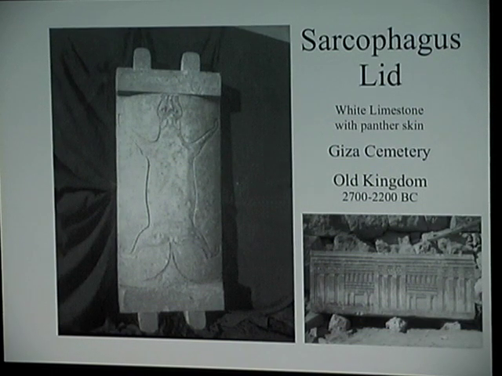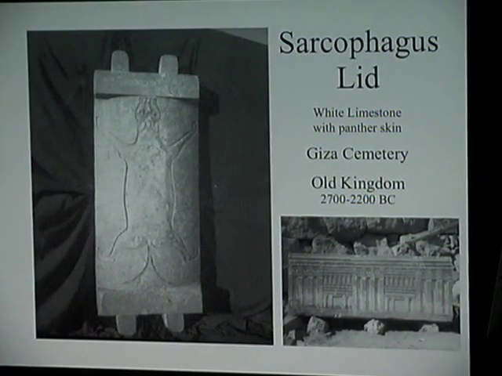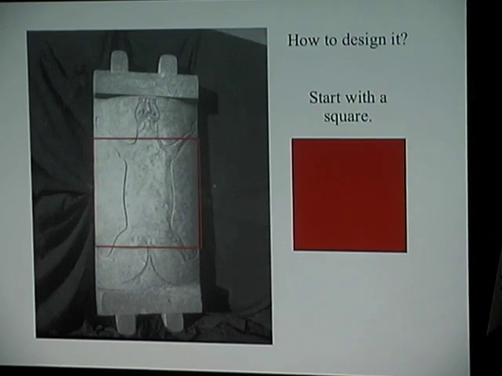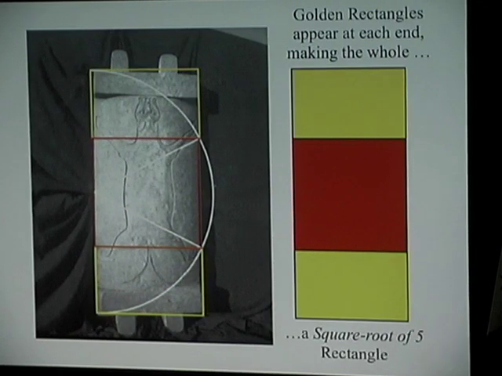A sarcophagus lid. Old Kingdom, pretty old stuff, from the Giza Cemetery, white limestone. There's a panther skin on here with two edges. Well, it turns out, here's how we can do it. Just simply starting with a square and the two semi-diagonals here, to that end and this end, and just swing the compass, and it shows you where the two ends of the entire sarcophagus should be.